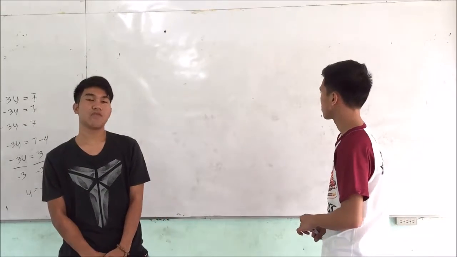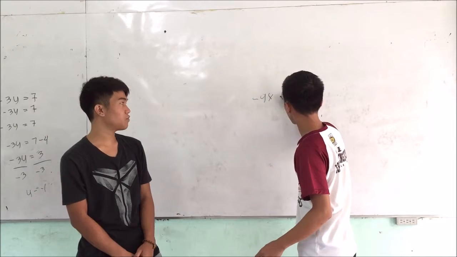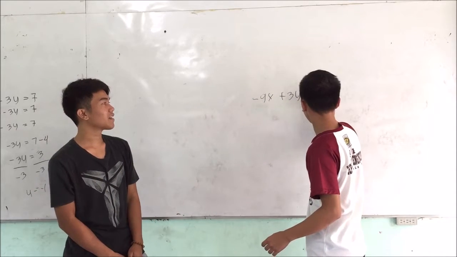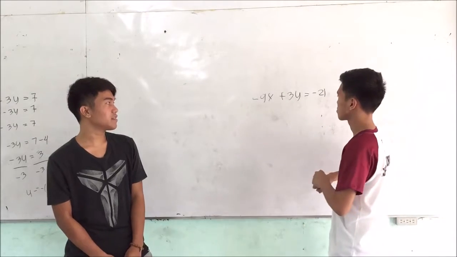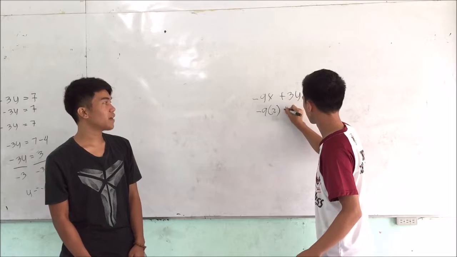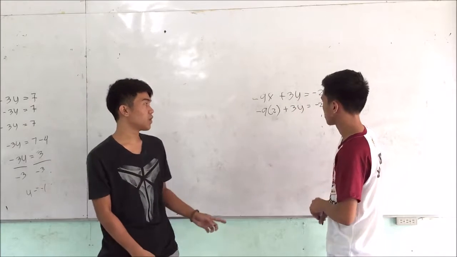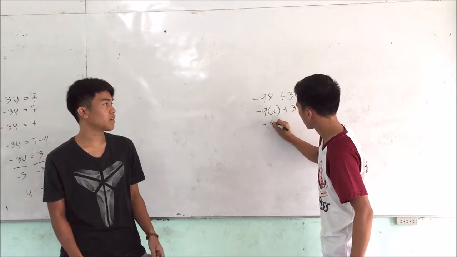Now we substitute the value of x into the second equation, negative 9x plus 3y equals negative 21. Substituting x as 2, negative 9 times 2 is negative 18, so negative 18 plus 3y equals negative 21.